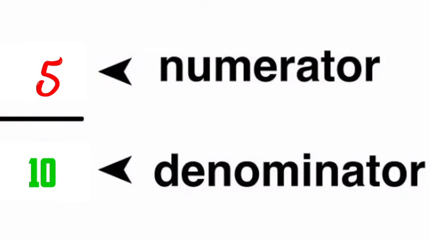The number on the top is called the numerator and the number on the bottom is called the denominator. For example, 5 by 10 is a fraction. Here 5 is the numerator and 10 is the denominator.